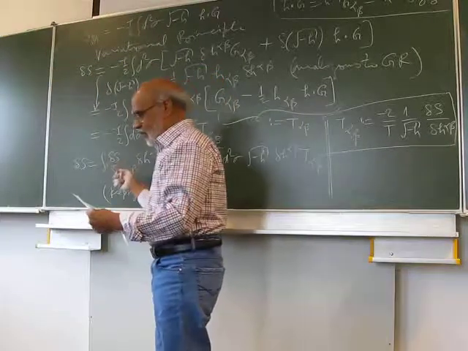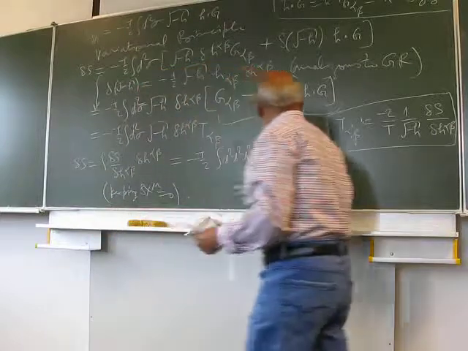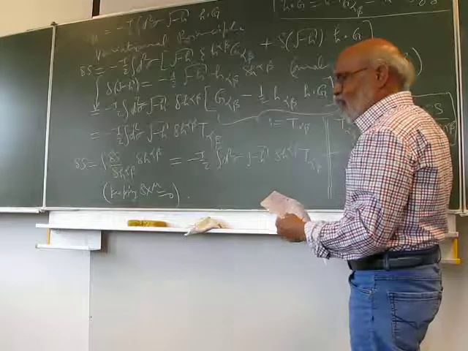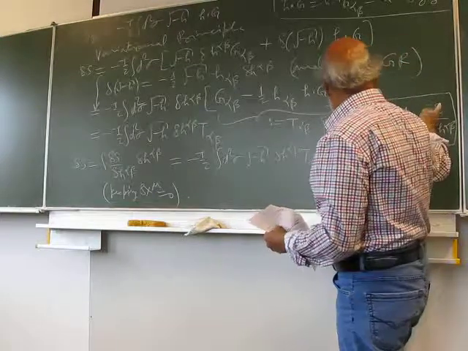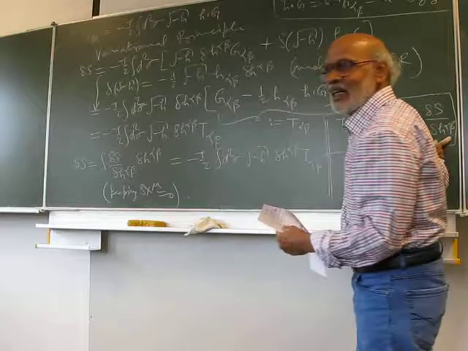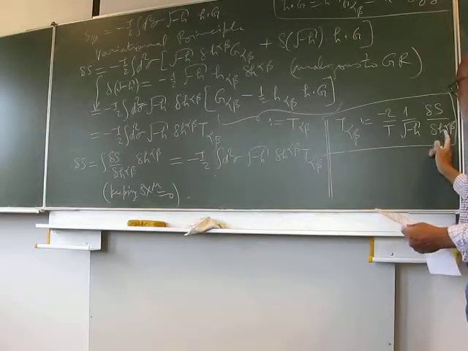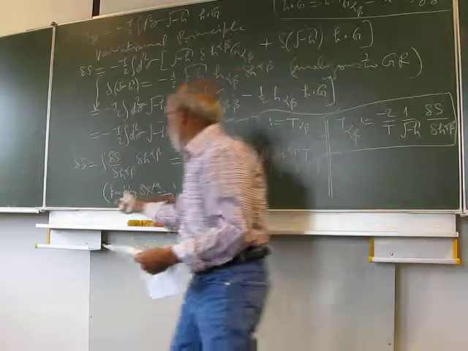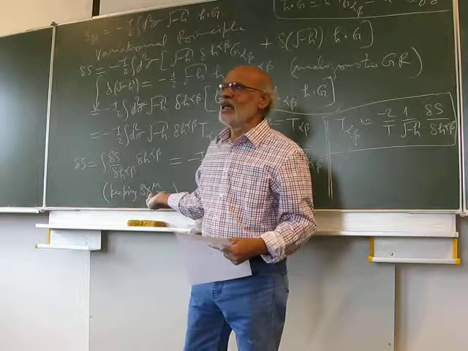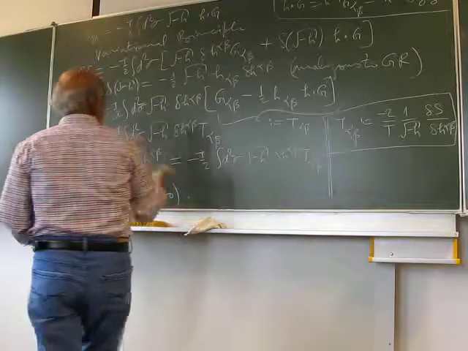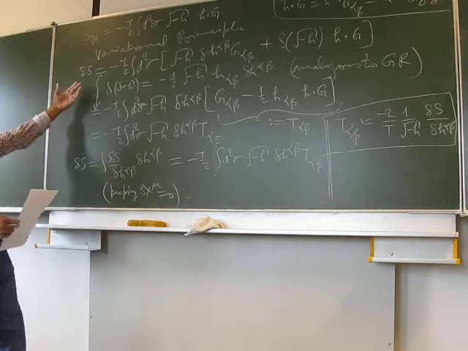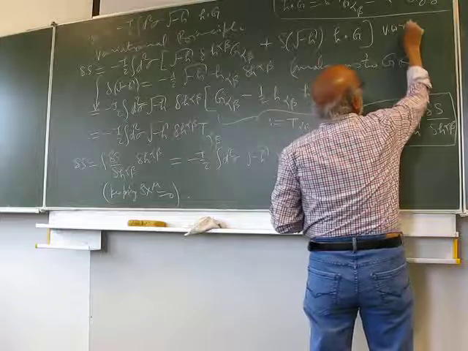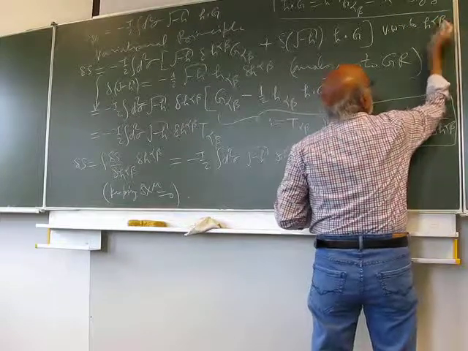So I repeat, then, the T alpha beta measures the response of S to the metric variation with respect to the metric h alpha beta, or that delta h alpha beta, keeping all other fields fixed, which means delta X is equal to 0. And this is what you exactly obtain here. You see what you have done here. You have varied the action with respect to, what does it mean?